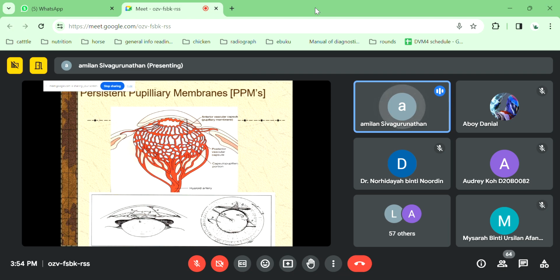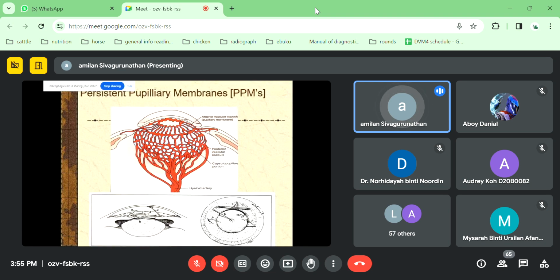So they supply the nutrition for the developing lens. And during the sixth week of gestation, somewhere around day 42, this vascular structure is supposed to regress, and it will completely degenerate at birth.